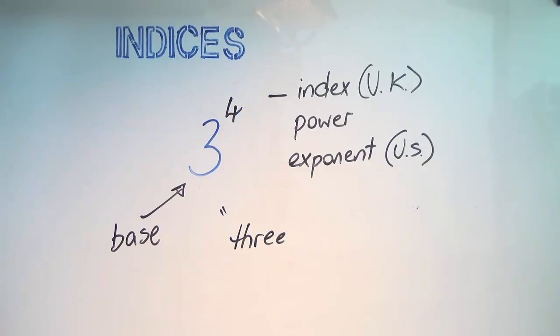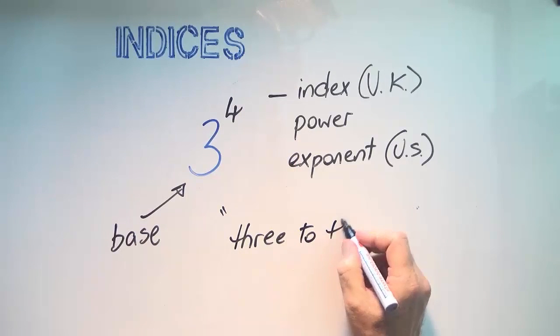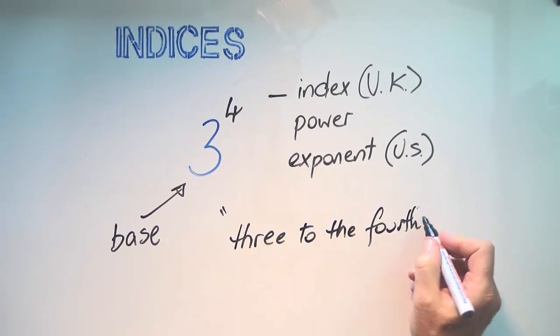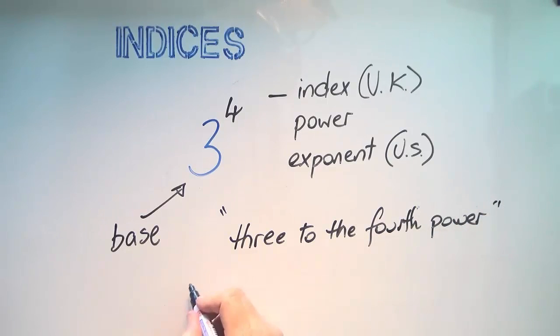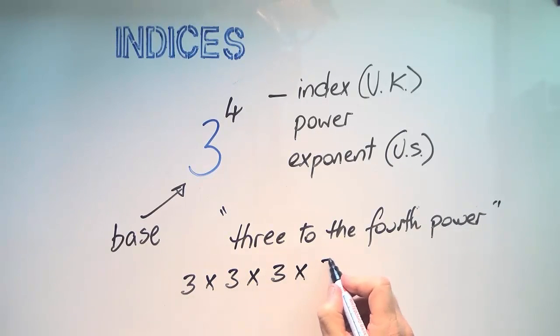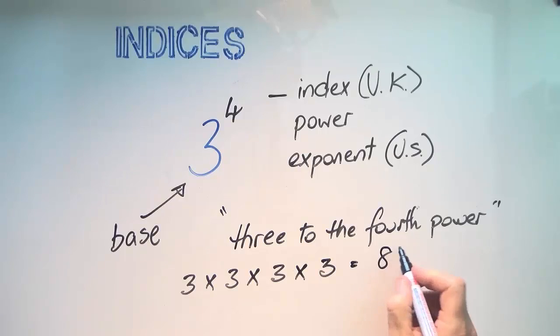Okay, I'll change the power again. I've got 3 to the 4th power, or 3 to the power of 4, which will be 3 times 3 times 3 times 3. Left to right, 9, 27, 81 is the answer.